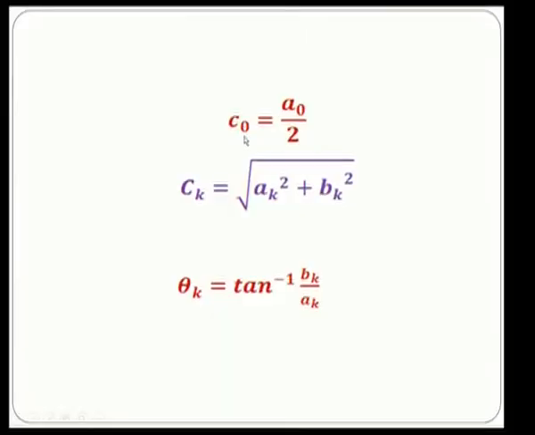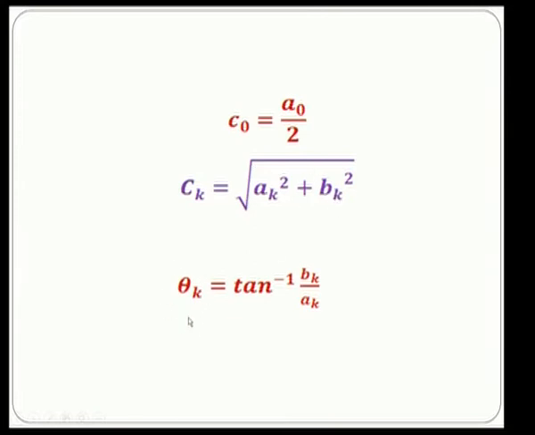coefficients, if you want to find the modulus value or the phase value of the signal, you can get C0 equal to A0 by 2, which is the average signal. For Ck, if you find the modulus, then the modulus or absolute value of Ck equals the square root of Ak square plus Bk square, that is, real square plus imaginary square.